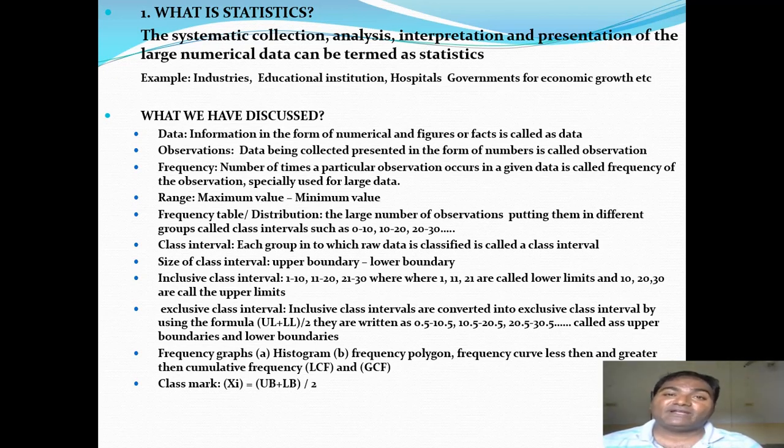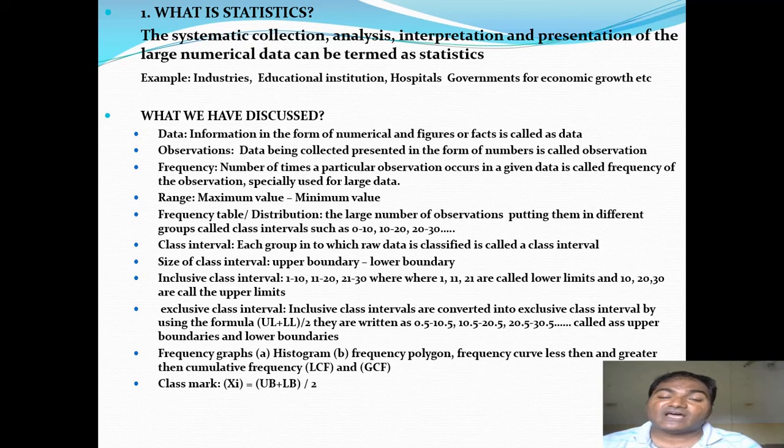If I take the same example as before, 0 to 10 marks, the students who got between 0 to 10 marks form a class interval, with a lower boundary and an upper boundary. If there are 6 students between 0 to 10, and between 10 to 20 there are 7 students, in this way we prepare the frequency distribution table using class intervals.